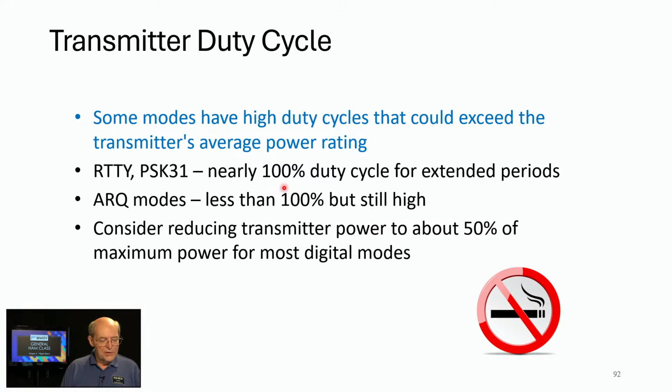So RTTY, PSK31, nearly 100% duty cycle for extended periods. ARQ modes, less than 100%, but still high. So consider reducing transmitter power to about 50% of maximum for most of the digital modes. And a lot of transceivers will have a temperature reading on them in the metering, so you can tell when they're starting to get hot.